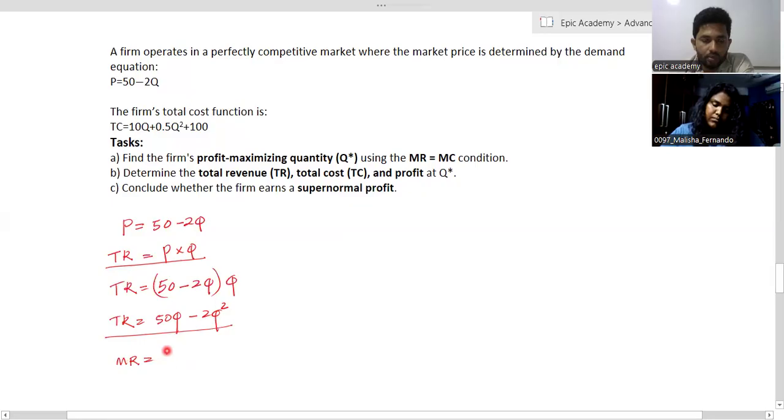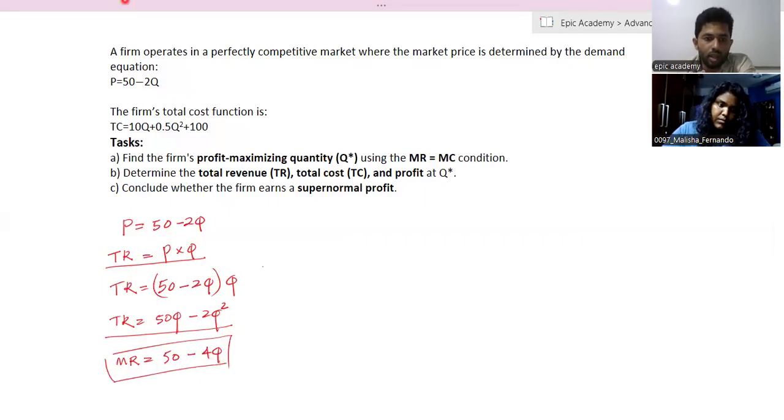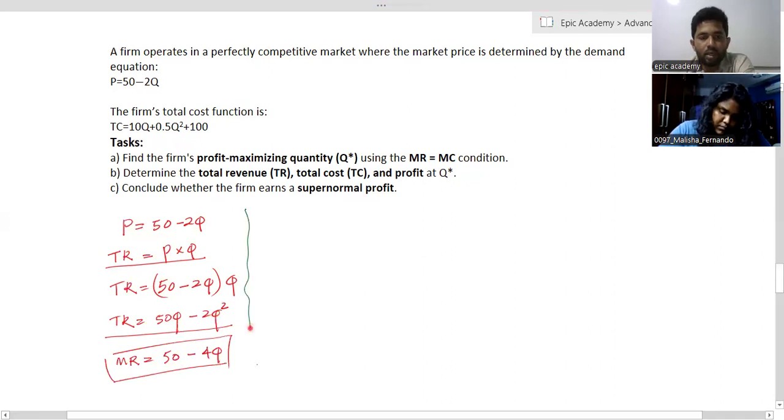Okay. 50Q becomes 50. 2Q power becomes 4Q. That's enough. Then you find the marginal revenue curve: 50 minus 4Q.